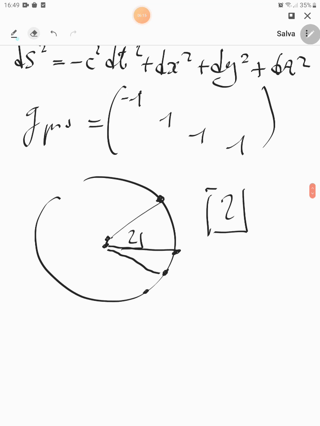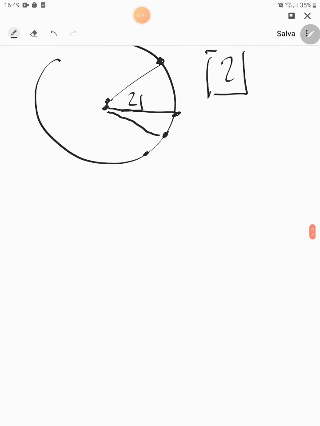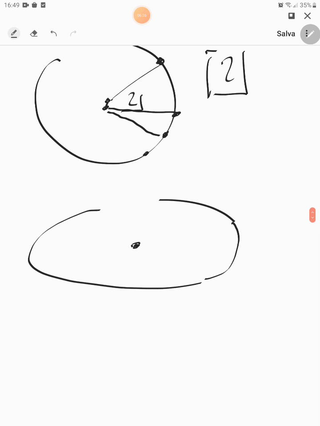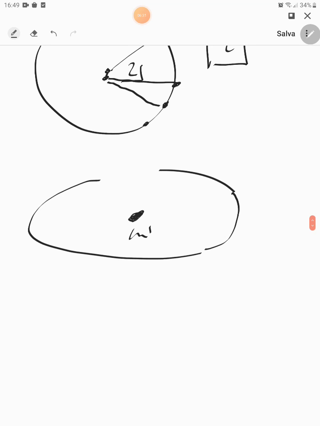Now we have our spacetime, and at the center of this spacetime we have a body with mass M. Now we can describe spacetime thanks to a metric called the Schwarzschild metric, because this body sees the spacetime empty.